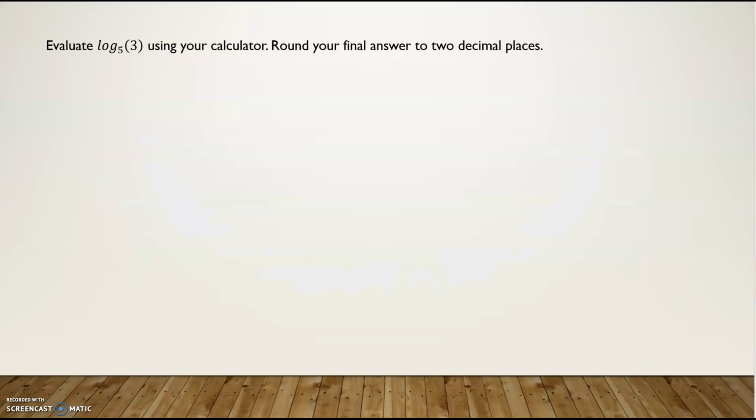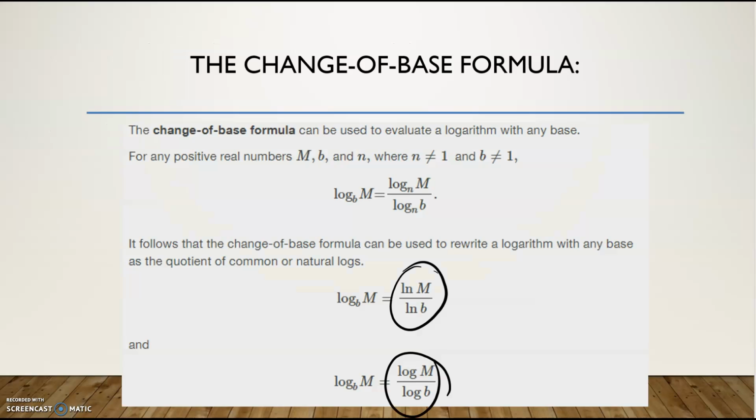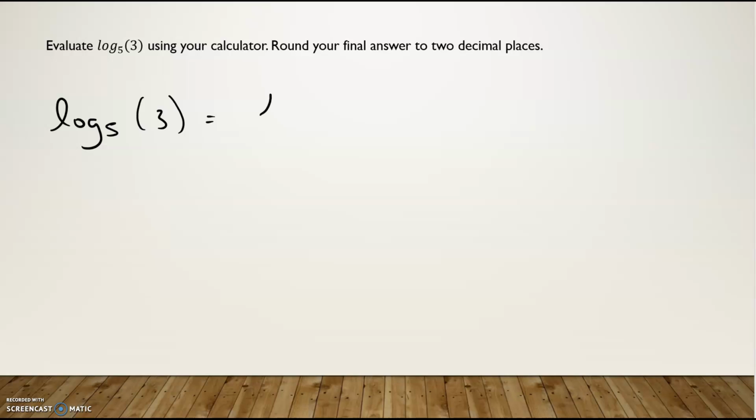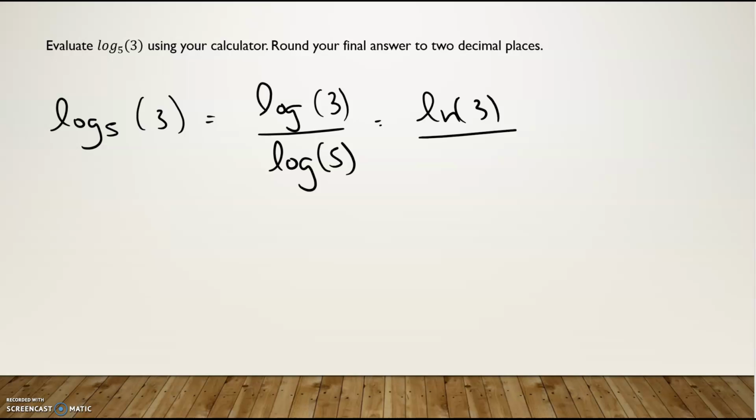So let's look at this. Log base 5 of 3. We need to evaluate this using our calculator, and we're going to round to 2 decimal places. So I'm going to use the change of base formula. Either one. The thing to note is the base goes on the bottom. So we have log of 3 divided by log of 5, or natural log of 3 over natural log of 5.